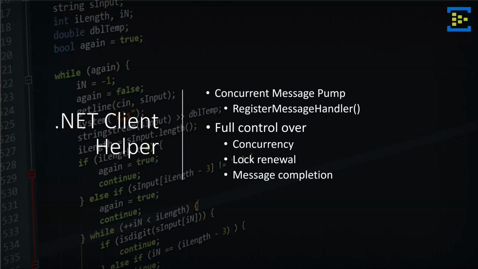Now, sometimes there's a need to go through processing that is longer than 5 minutes. In that case, the lock can be renewed, and the message pump or the message handler provided by the SDK can do it automatically. The one word of caution that I will mention here is you need to be careful with lock renewal because it's not a guaranteed operation.